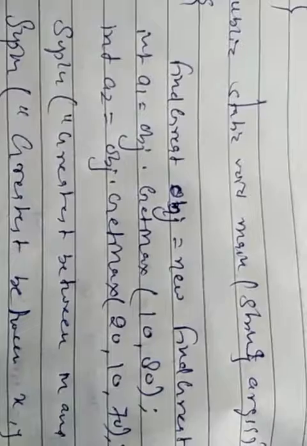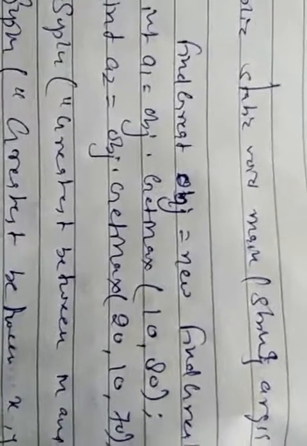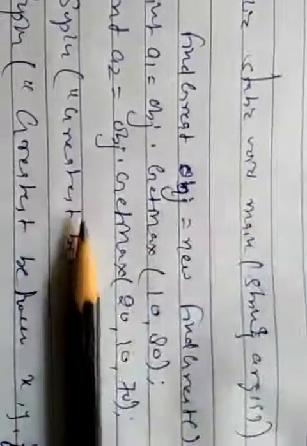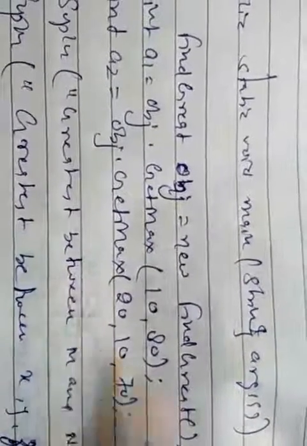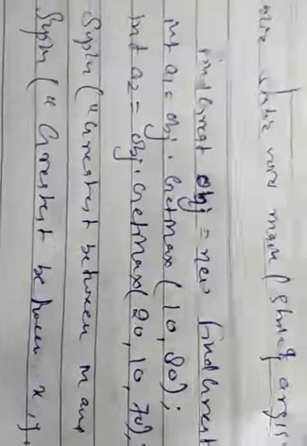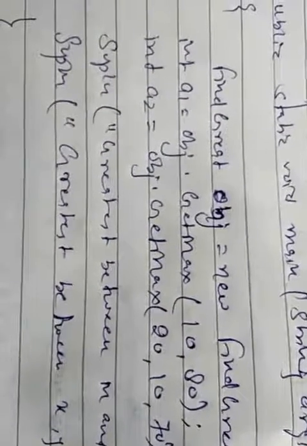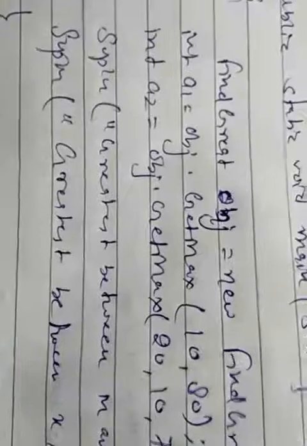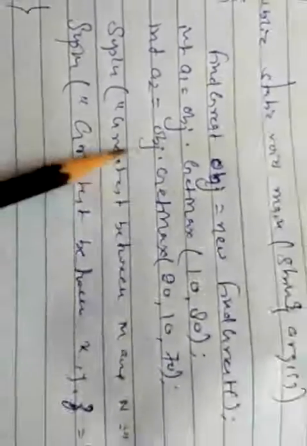The answer of this will be stored in A1, and in the next line we are calling the function findGreater, which finds the greater number between three, and the answer is stored in A2. Here we are printing the greater value between two, and in this statement we are printing the greater value between three.